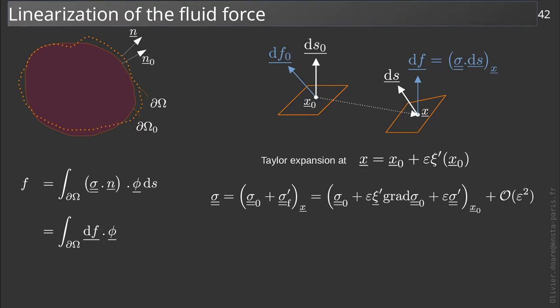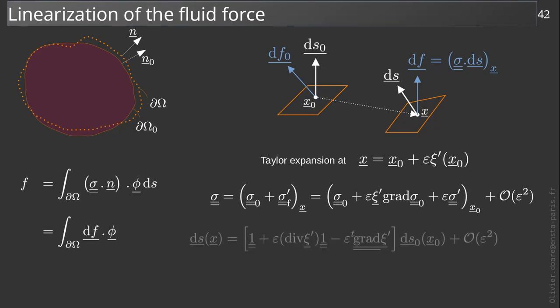The development for the oriented surface element is more complex, but we can appeal to results from tensor algebra or continuum mechanics courses. They show that for the displacement field epsilon psi prime considered here, an oriented surface element can be expressed to order 1 as follows.